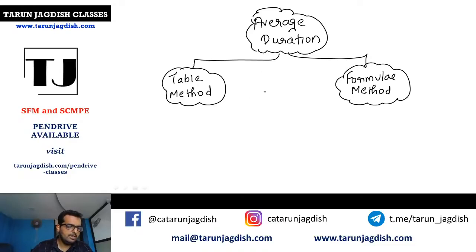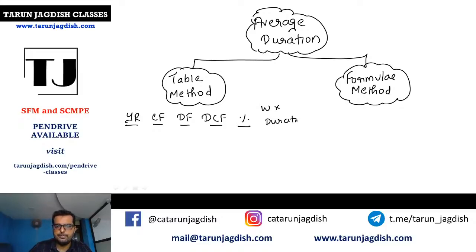Here the table format would be: year, cash flow, discount factor, discounted cash flow, weight into duration. This is going to be the table format. How, I will show you in the next question. It's very difficult to explain without numbers.